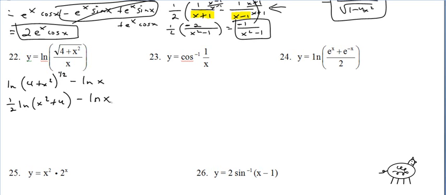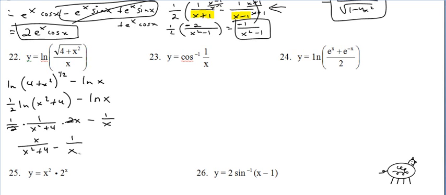And then I'm going to use my derivative of natural log, so it's 1/2 times 1 over x squared plus 4 times the derivative of x squared, which is 2x, minus 1 over x. Okay, and that gives me, the 2's cancel, and I have x over x squared plus 4 minus 1 over x.